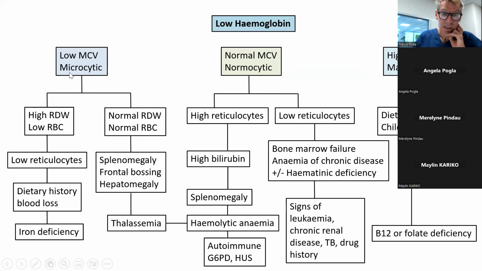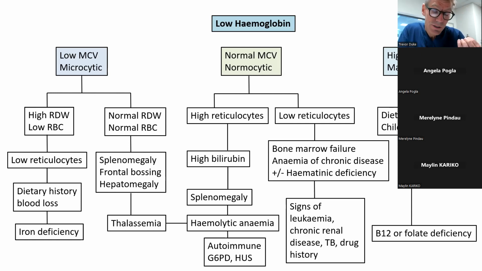And if the MCV is low, then look again at the red cell distribution width. The reason for that is when you've got iron deficiency, you have a wide variation in the size of the red blood cells, so you'll have a high red cell distribution width.